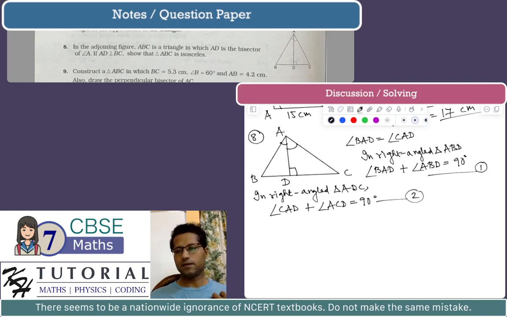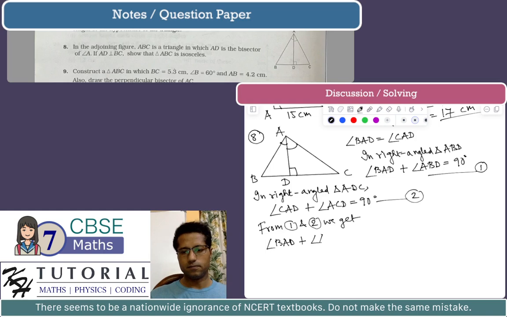From 1 and 2, since the right hand side of both equations is 90 degrees, we can equate the left hand sides: angle BAD plus angle ABD is equal to angle CAD plus angle ACD.